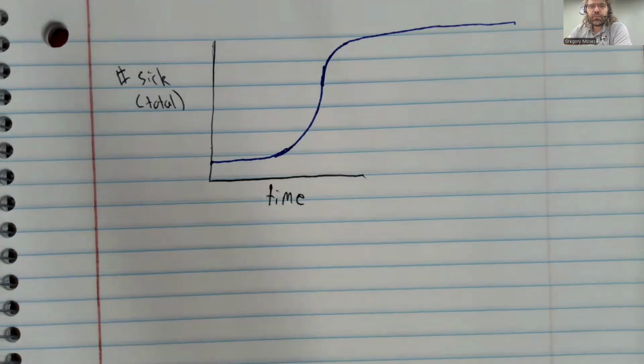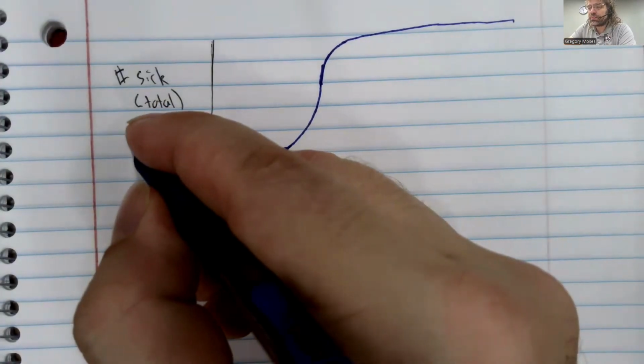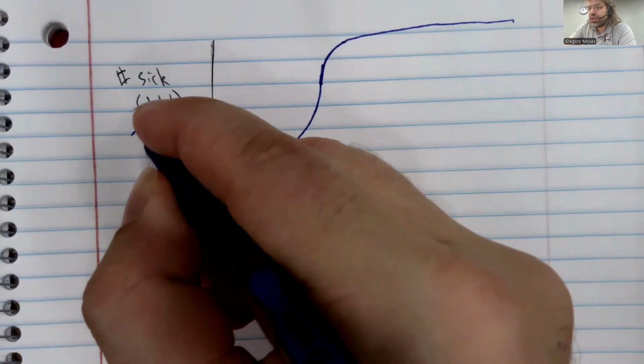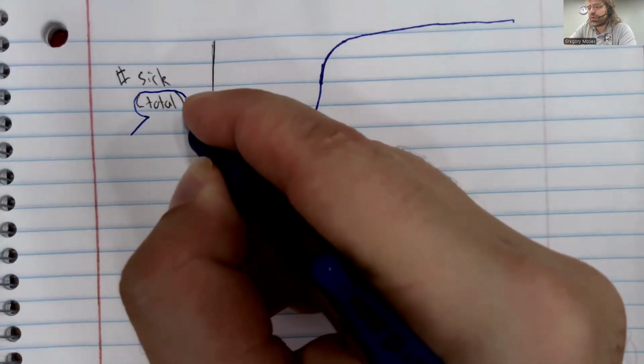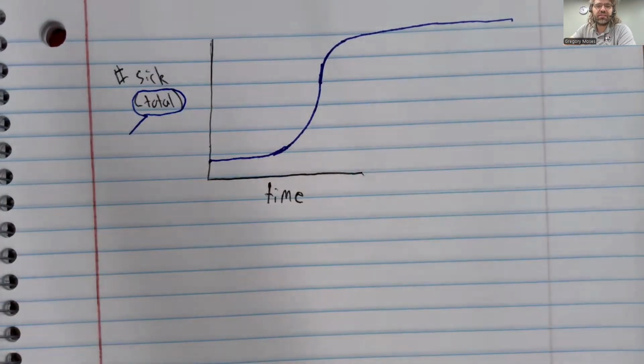And we can have a graph like this. This is a logistic curve. It's sometimes called an S-shaped curve for probably obvious reasons. It looks kind of like a stretched out S. Now, this function is always increasing. It has to always be increasing because this isn't the number of people who are currently sick.